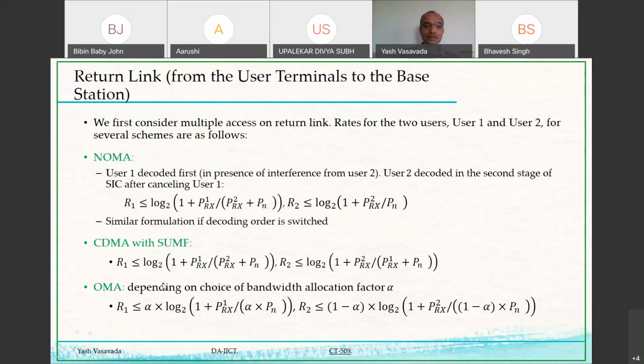No. So this is assuming that CDMA also uses channel coding, and that's why it can do R1 equal to log base 2 of 1 plus PRX1 divided by PRX2 plus Pn. The point is that because it is using SUMF, it is not attempting to get rid of this PRX2.